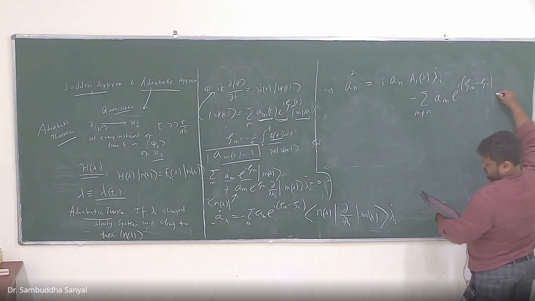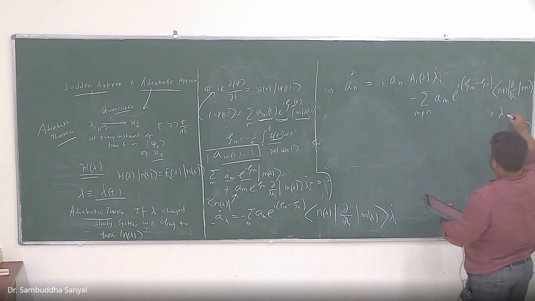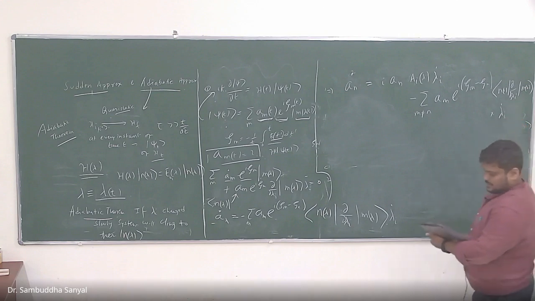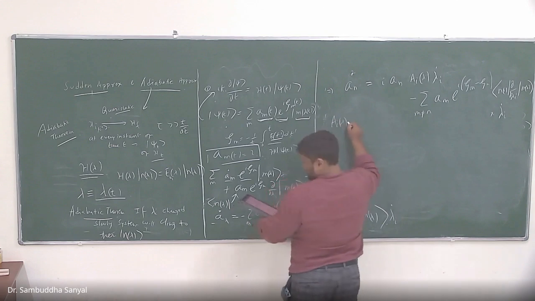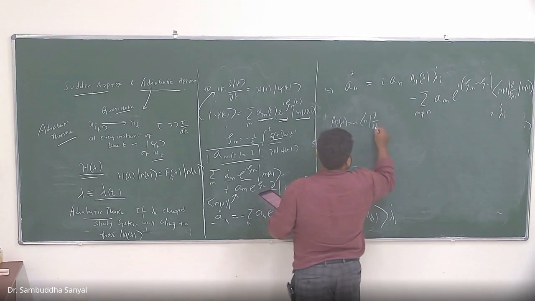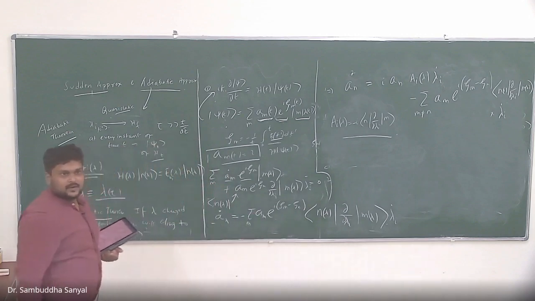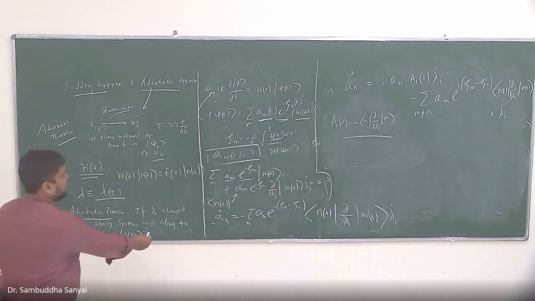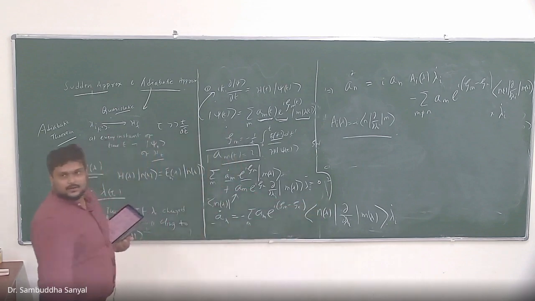So I get n dot equal to i a_n times lambda_i dot, minus the sum over m not equal to n. I'm just separating m equal to n and m not equal to n. Here a_i lambda is just shorthand for this quantity minus i e_n lambda_i. Everybody got this time? It is just expanding this thing into the term where m is equal to n and the term where m is not equal to n.